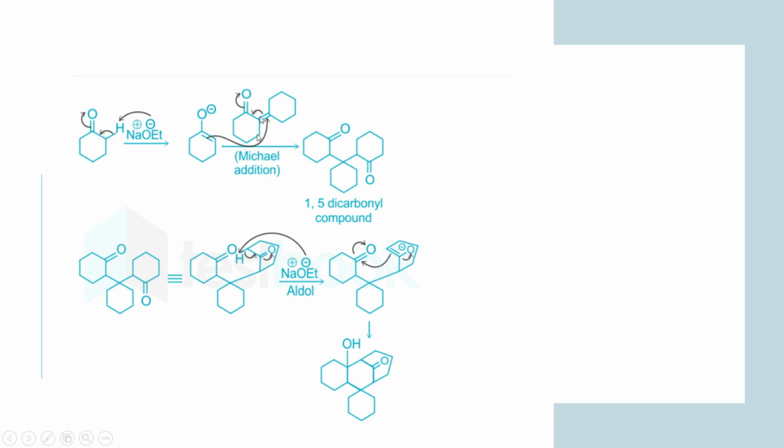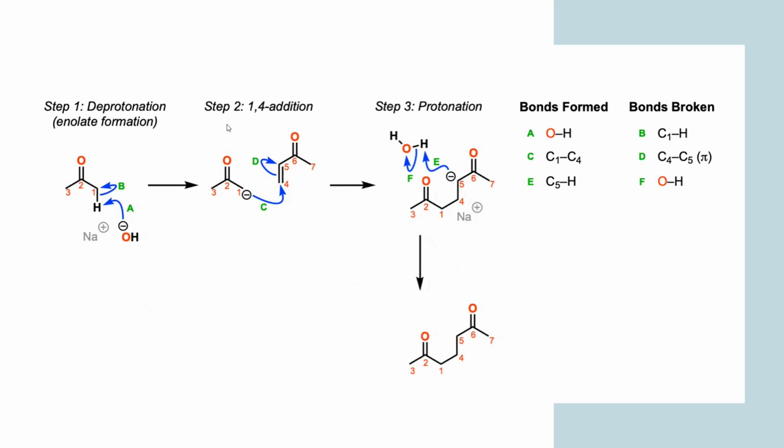Now we are introducing the second type of reaction, which is Michael addition. Not really condensation, but mechanism wise it is quite similar to the aldol reaction. What happens in Michael addition? You again have acidic protons.